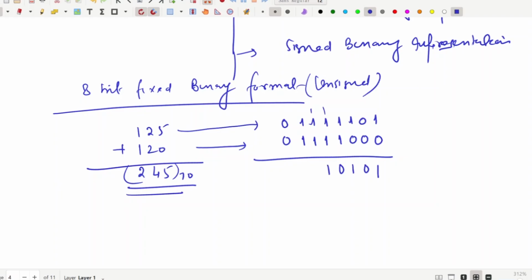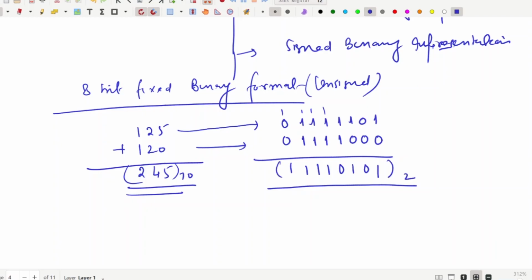Since all the bits are used for representing the number and no bit is used for representing a sign, all 8 bits are used. This is the addition of two binary numbers, and when we convert this result into decimal, what is it?